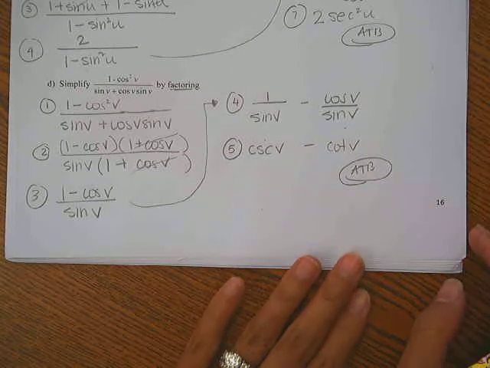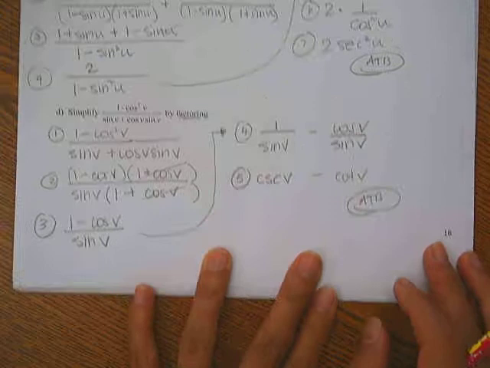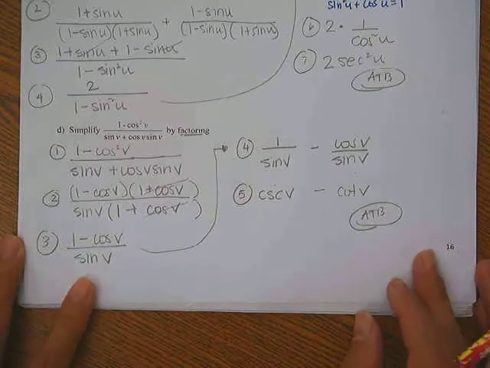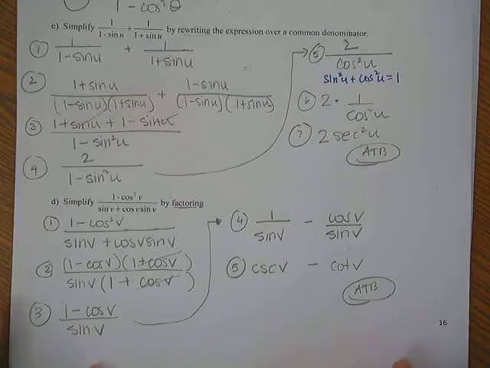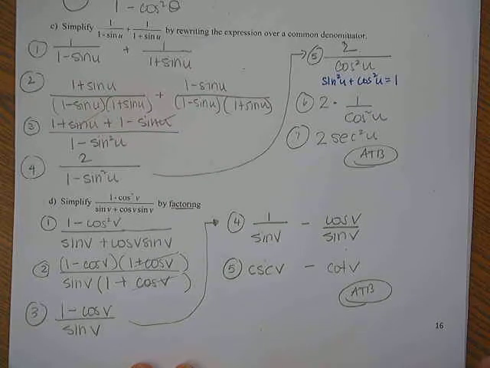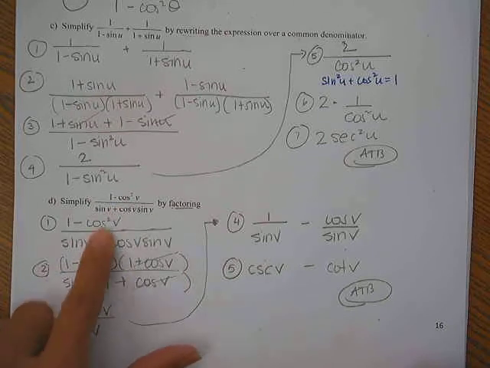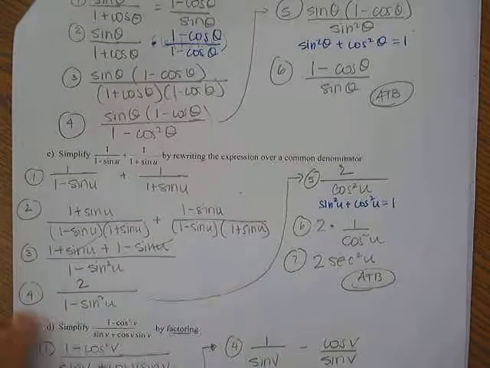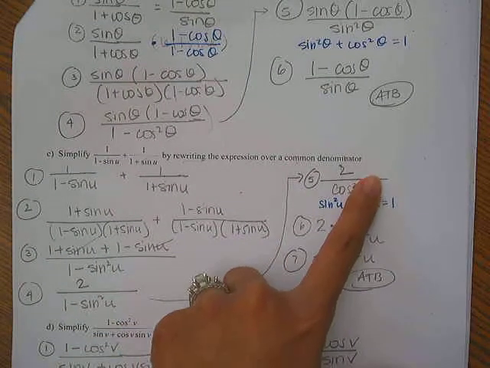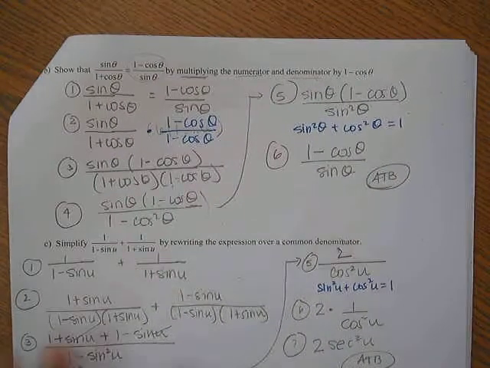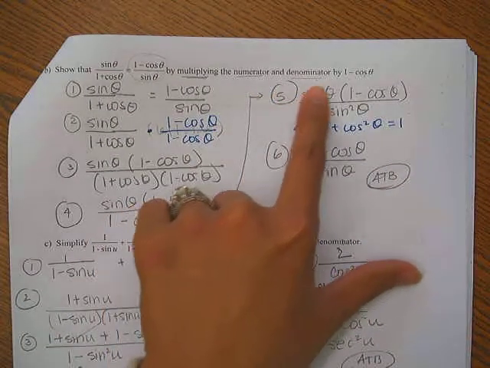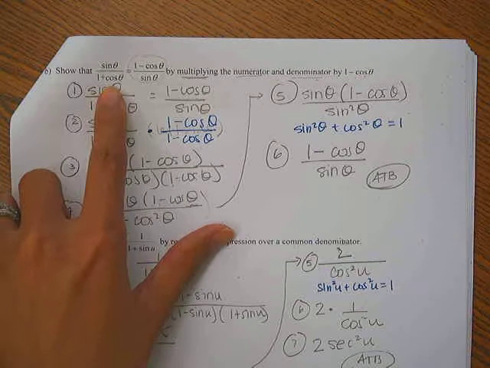Okay, so let's recap. In terms of writing proofs, or showing that the two identities are equal, okay, sorry, that's the bell for tardy 6th period. So in terms of writing proofs, there are a couple things you can do. You can factor out your expressions. You can rewrite over a common denominator when possible. You can multiply the numerator and denominator by its conjugate.